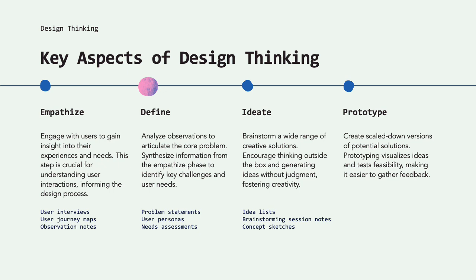Prototype. Create scaled down versions of potential solutions. Prototyping visualizes ideas and tests feasibility, making it easier to gather feedback. Wireframes can be used, so can mock-ups, and interactive prototypes are encouraged in this stage.